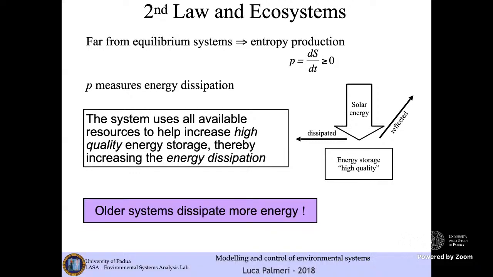As a consequence of this way of looking at systems, we shall conclude that older systems dissipate more energy. If you think about that a little bit, it is quite evident that, due to the fact that locally living systems tend to store energy of higher quality, the external environment shall accept more and more energies of lower quality, and this is an effect of energy dissipation.